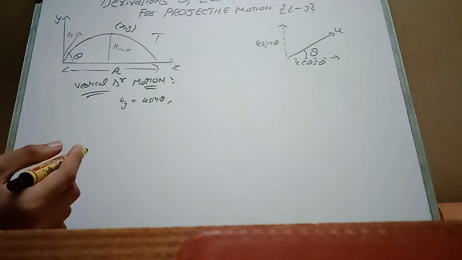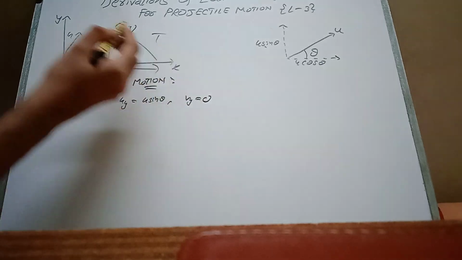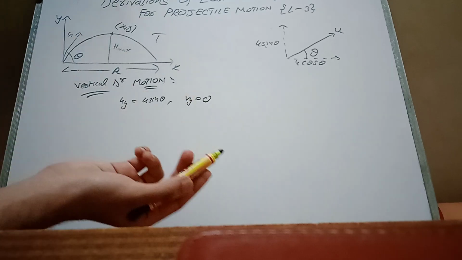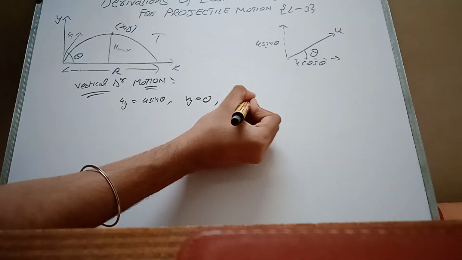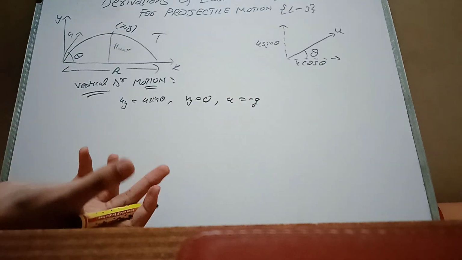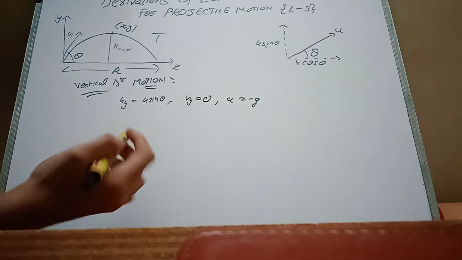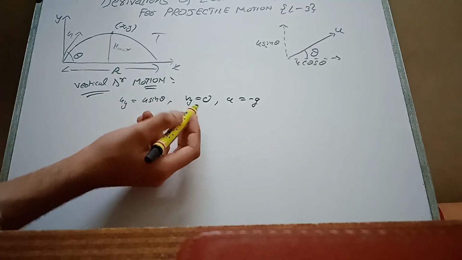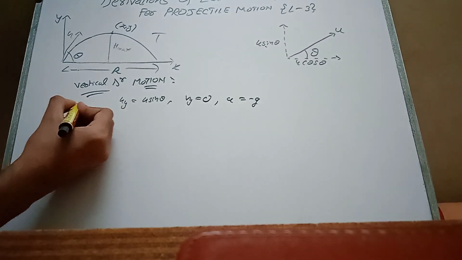So uy equals u sin theta, and vy equals 0. Why? Because at this point there is no vertical velocity. And a equals what? a equals minus g, because the velocity is upwards and the acceleration is downwards. So a equals minus g. So now, apply the third equation of motion.